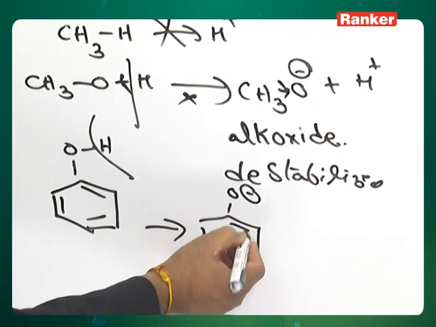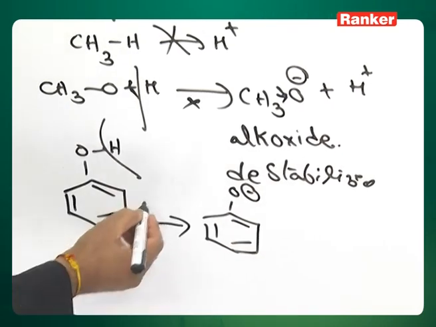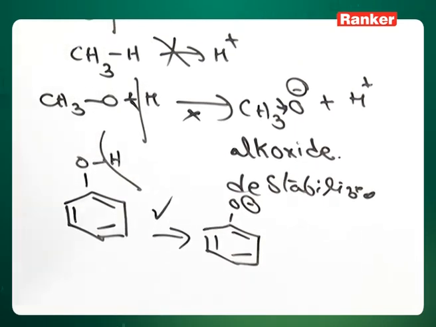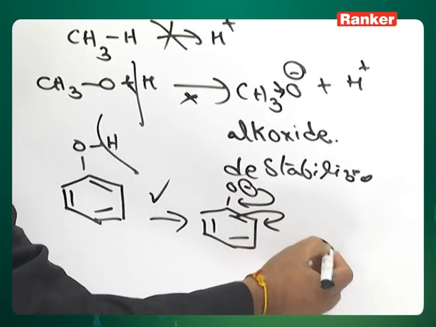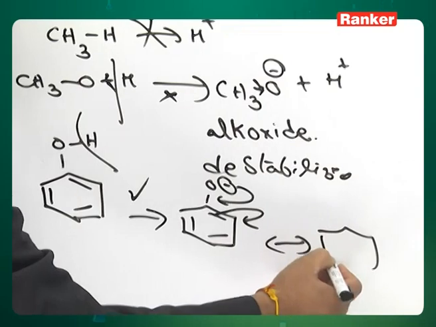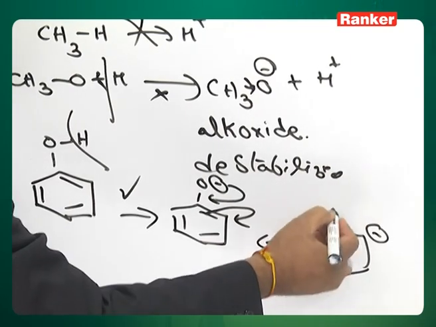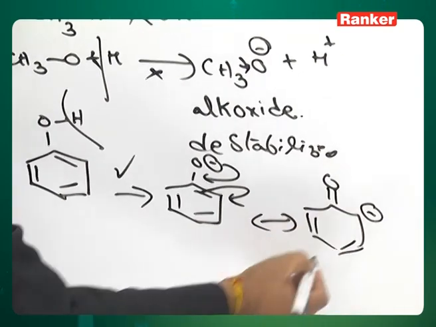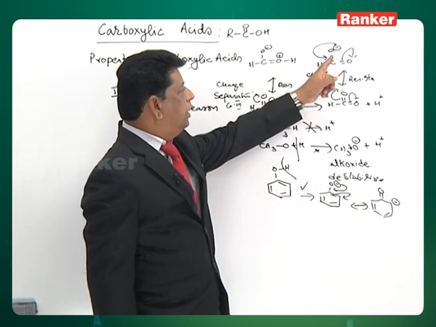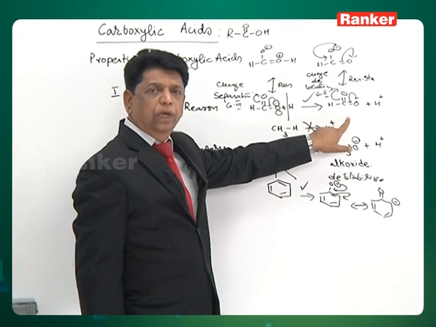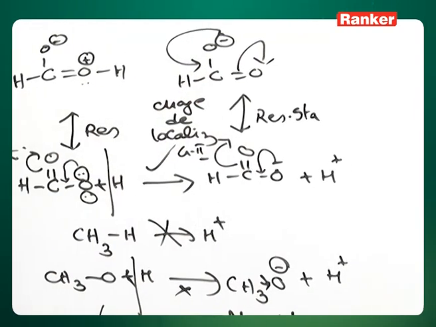If phenol loses the proton, the anion formed, called the phenoxide anion, gets very good stabilization. Even this process is ready because the phenoxide anion has very good resonance stabilization, and the number of structures will be more. See, here in formate anion, the first structure gives the second, then it comes back to the first, 1, 2, 1, 2, that is all, only 2 structures.